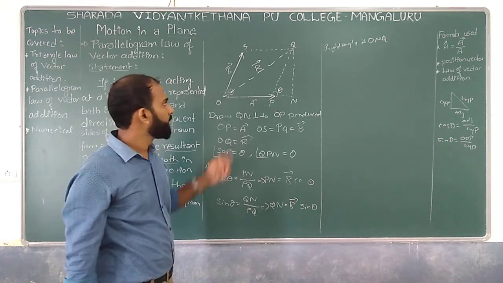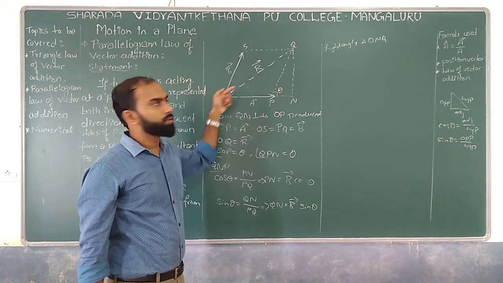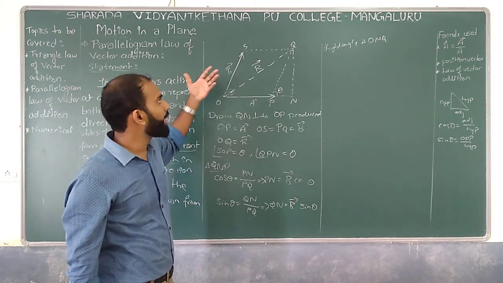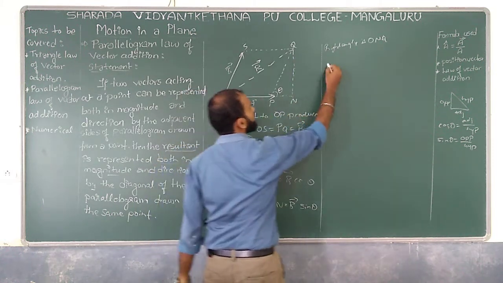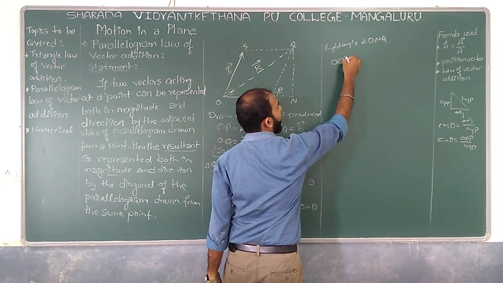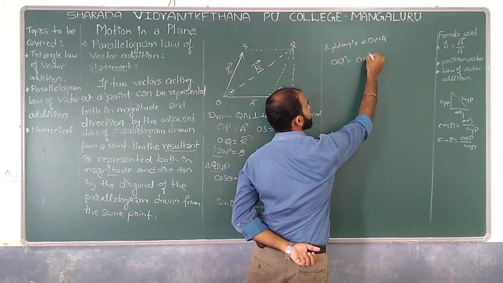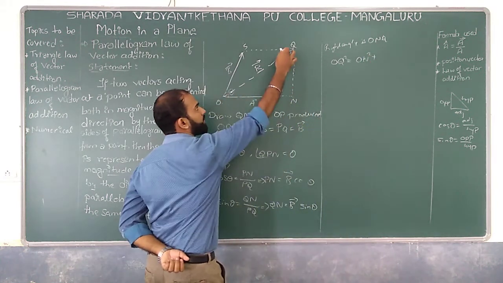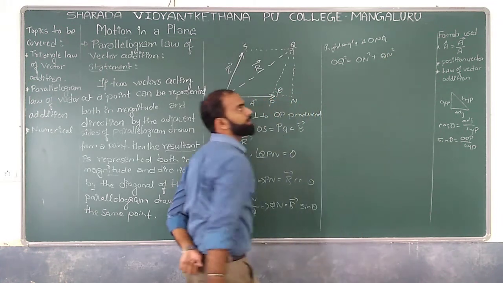What it says is that the hypotenuse square is equal to, in triangle ONQ, OQ square is equal to ON square plus QN square, correct?